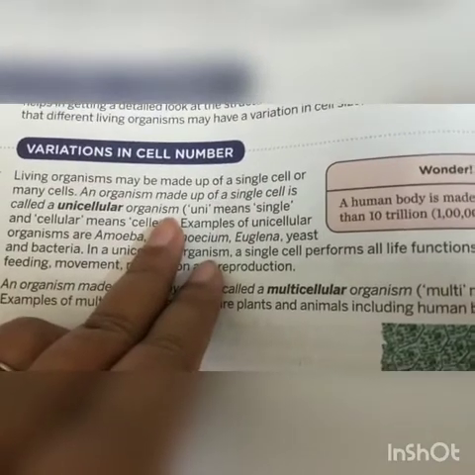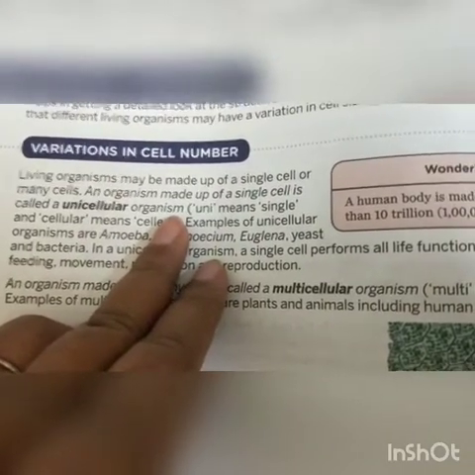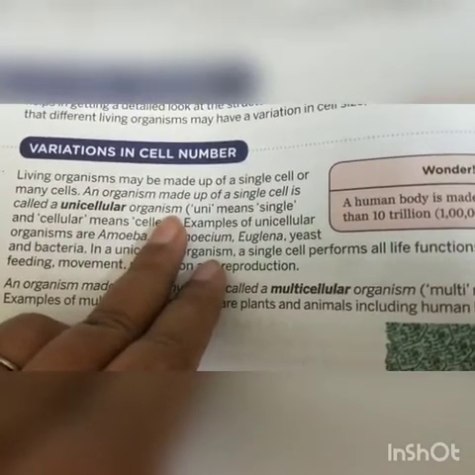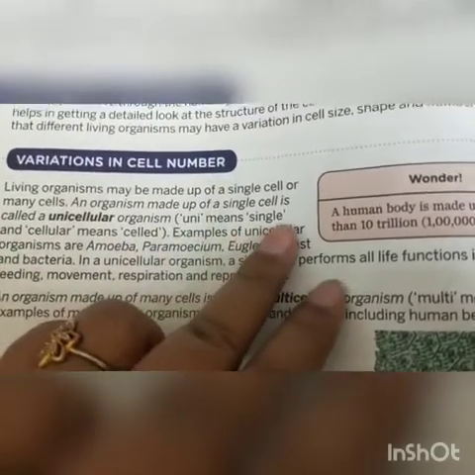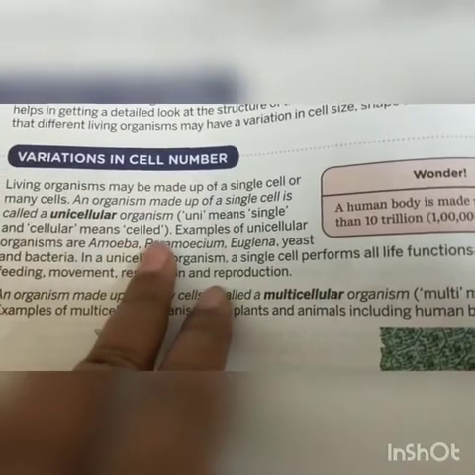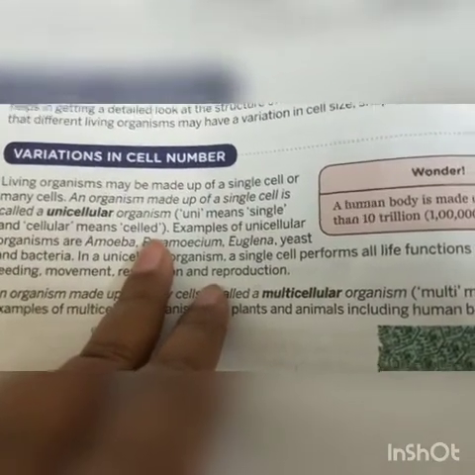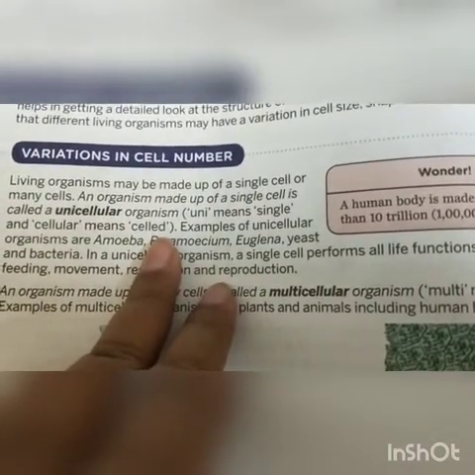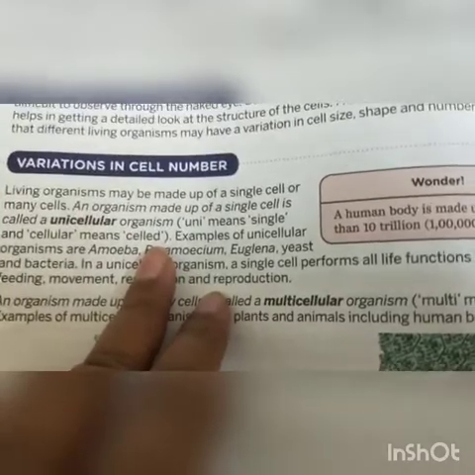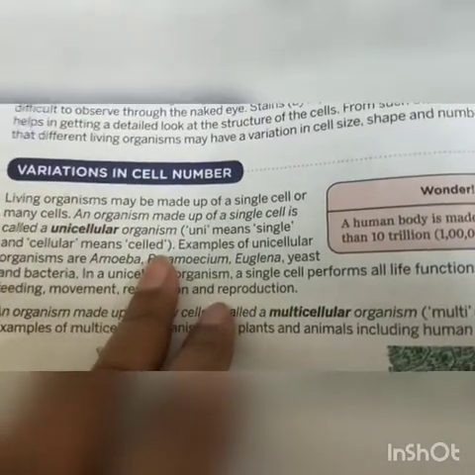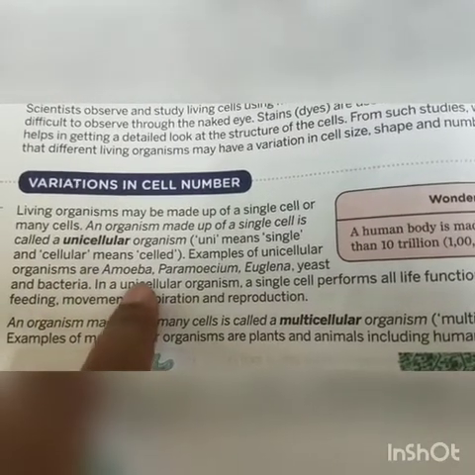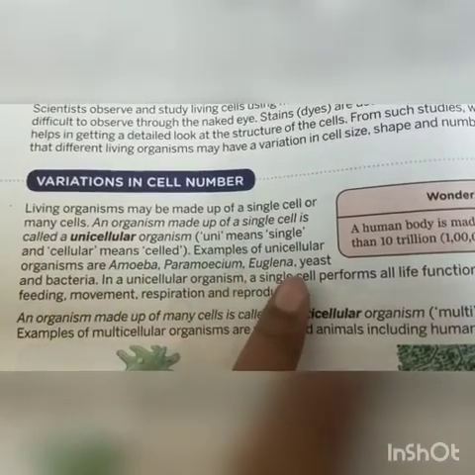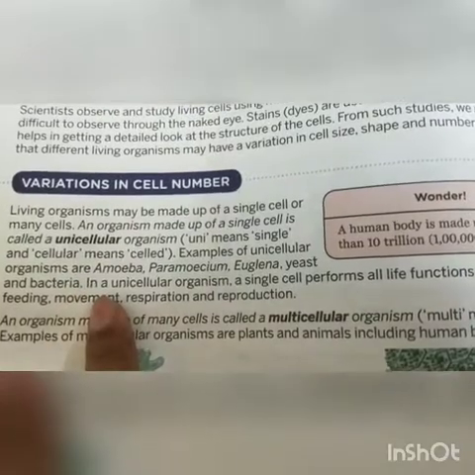Uni means single and cellular means celled. So it is made up of only one cell. Examples of unicellular organisms are amoeba, paramecium, euglena, yeast, and bacteria.